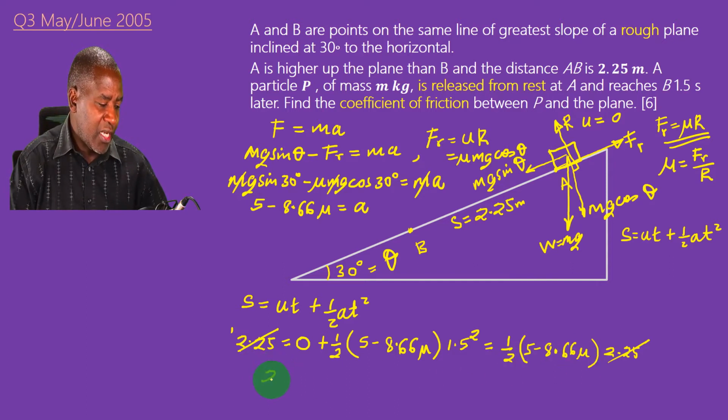I get on this side 2, and on this other side I get 5 minus 8.66 mu.